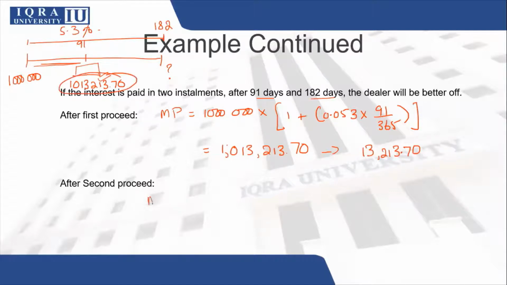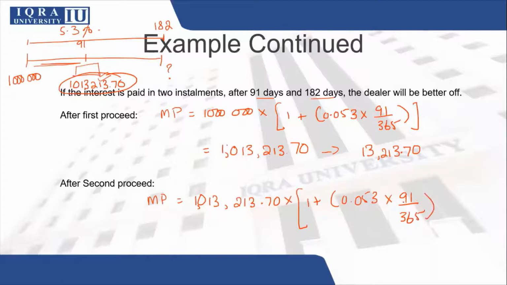Now you will get interest on this whole amount once again. So now your maturity proceeds will be, so you're going to take this amount now. Okay, why have I taken 91 days again instead of taking 182 days? Because you want to know what will be the amount after another 91 days.